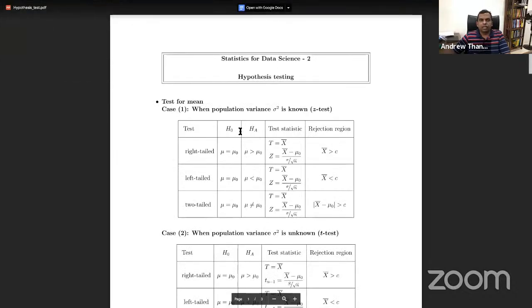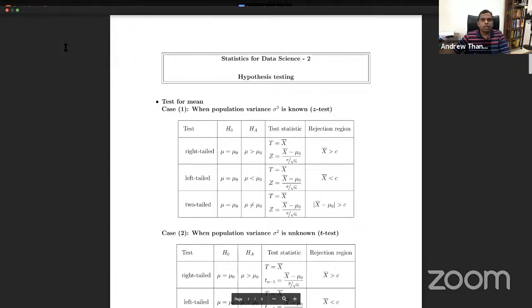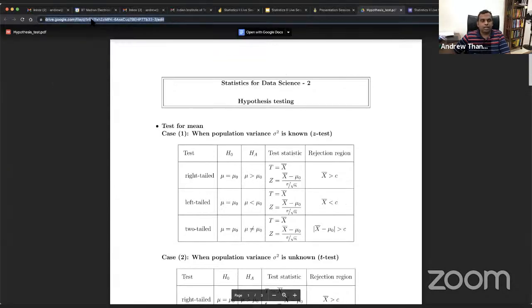Okay, so this tab is something that's open for you, and what I will do now is I'll take this link and put this link on the chat here. So this is the link to the hypothesis testing file. Okay. Formula file.